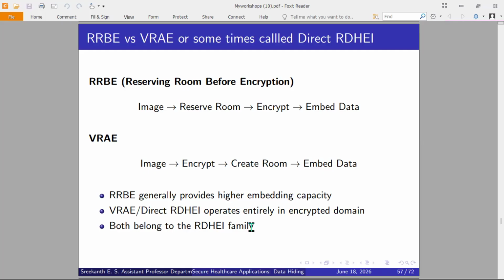This data is sent to the receiver, who also gets the locations, so it can read the image by taking the data sent by both the cloud and the sender. The next approach is creating room after encryption.